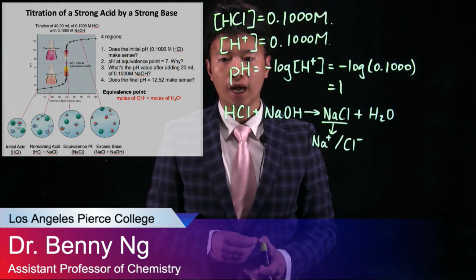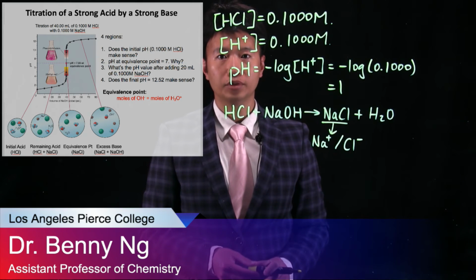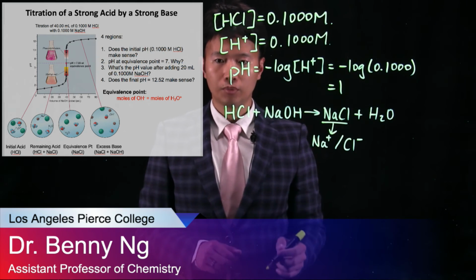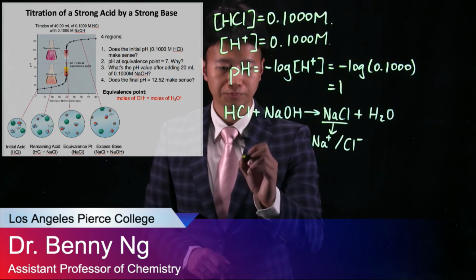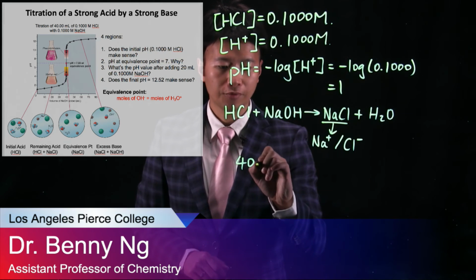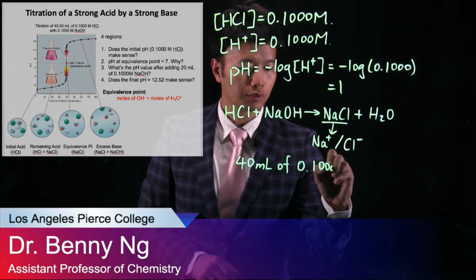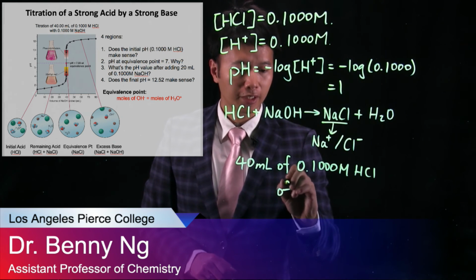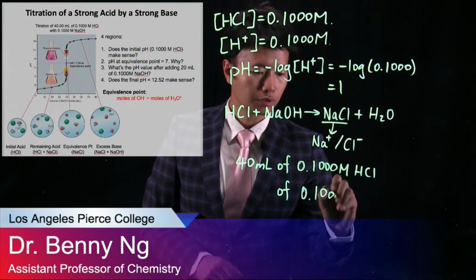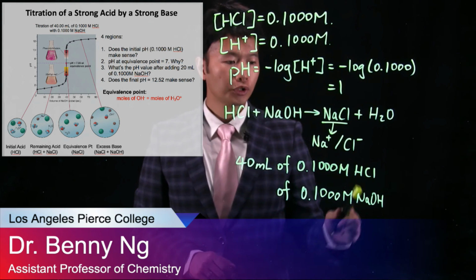Now the question will be, okay, how do I know how much of a strong base I need to add in order to reach the equivalence point? Well, let's look at the information given in this particular problem. We have 40 ml of 0.1000 molar HCl, and we are adding 0.1000 molar NaOH.